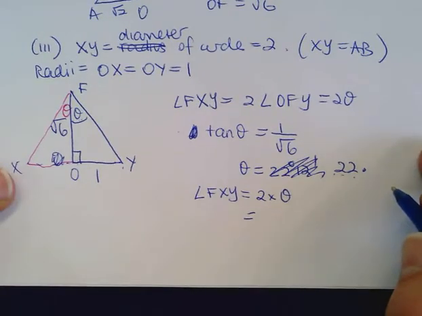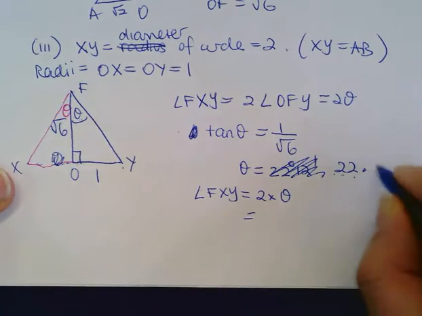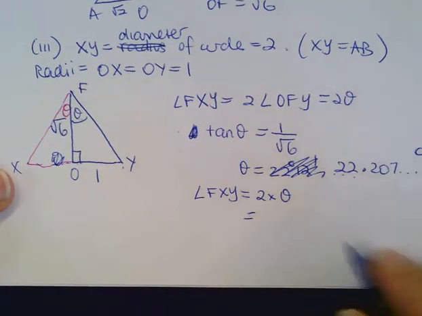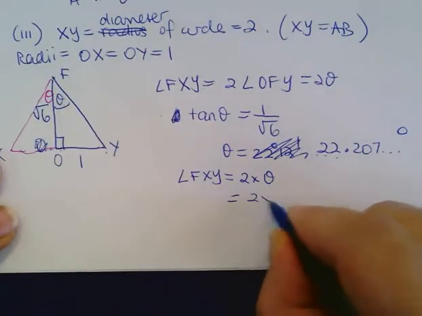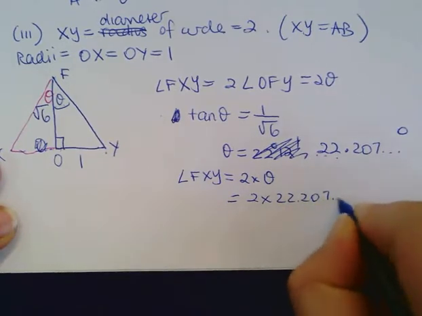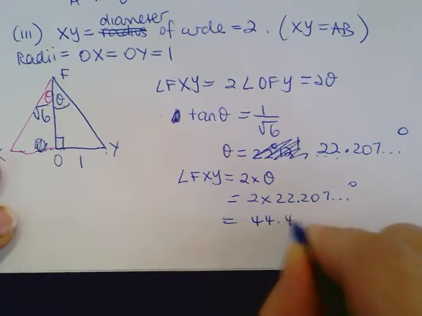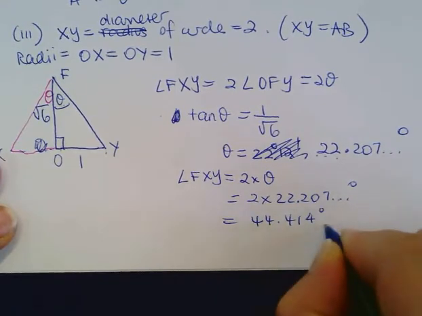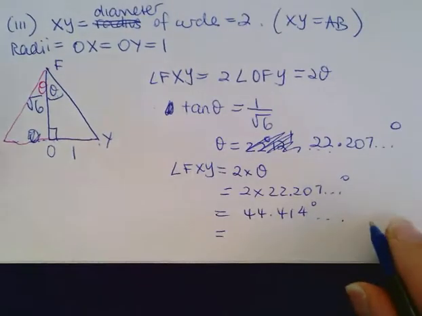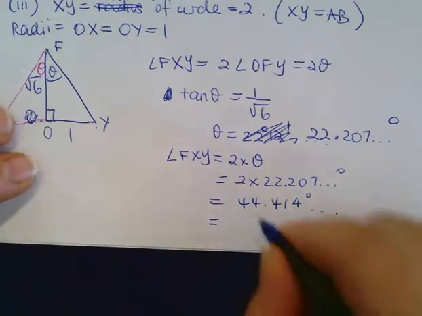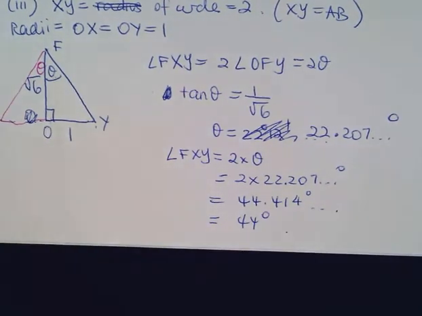So 22.207 degrees, and 2 times that is 44.414 whatever degrees, which, to the nearest degree, is 44 degrees. Okay?